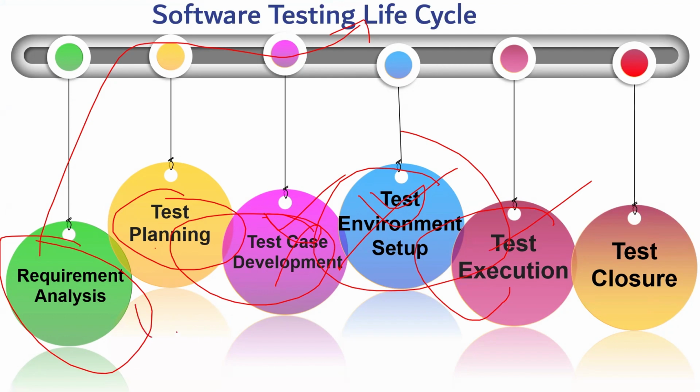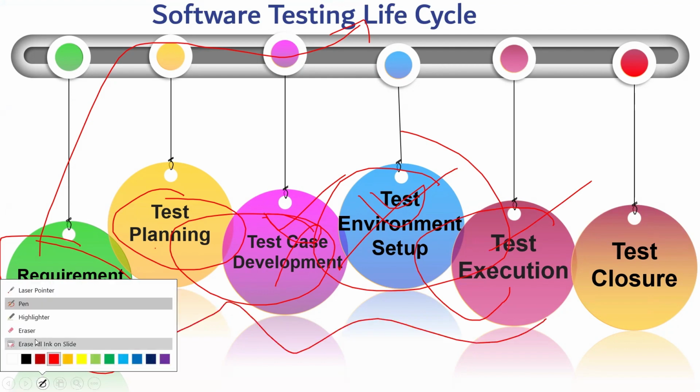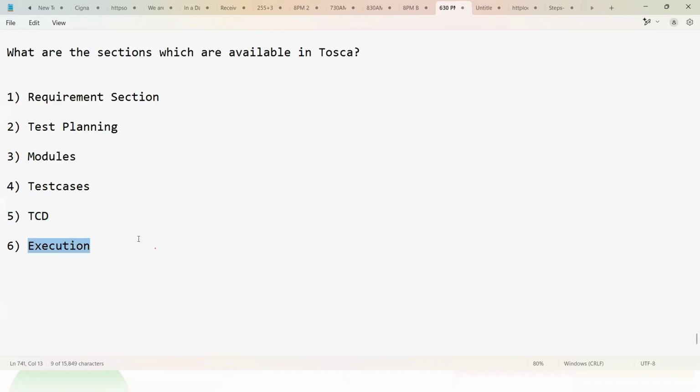It is a bit similar to the software testing lifecycle, right? So that should be the order. Now you have understood the order, so based on this order we will create our respective sections. We will learn the subject with respect to the software testing lifecycle.